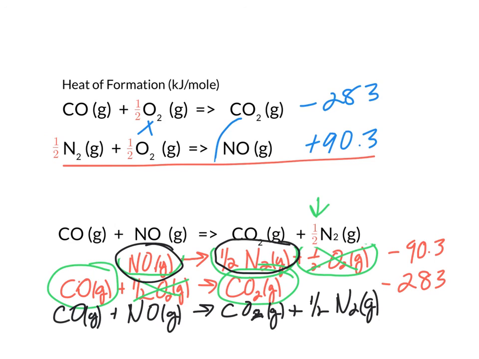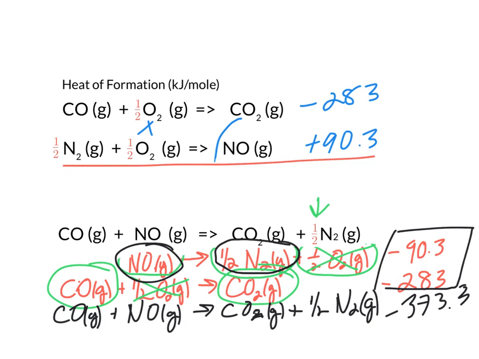So how am I going to use these? Remember what I said, I just like to say I combine them, and since they're both negative numbers, they're going to combine out to, when I add these up, 283, a negative, and a negative 90.3, that should give me negative, what, 373.3 kilojoules per mole, and the number of moles work out as well.